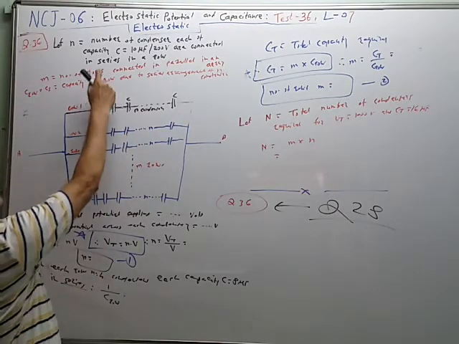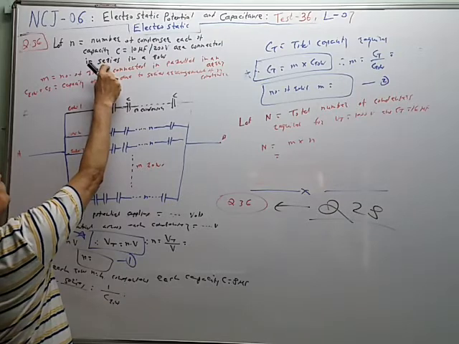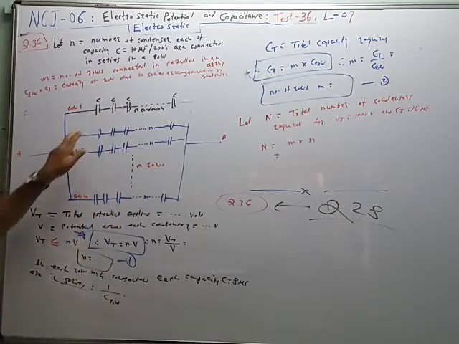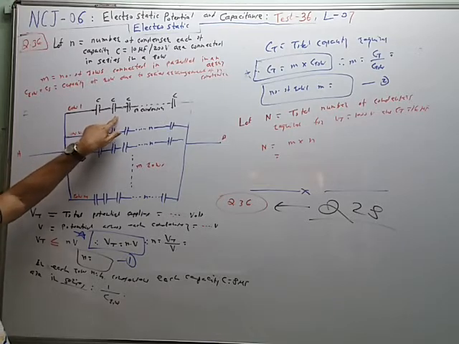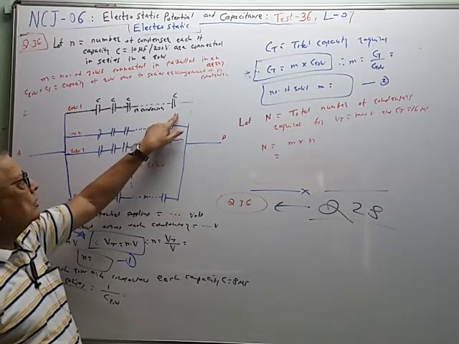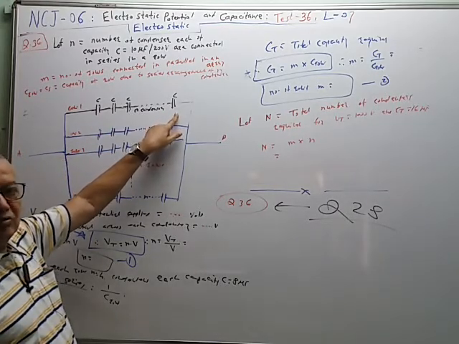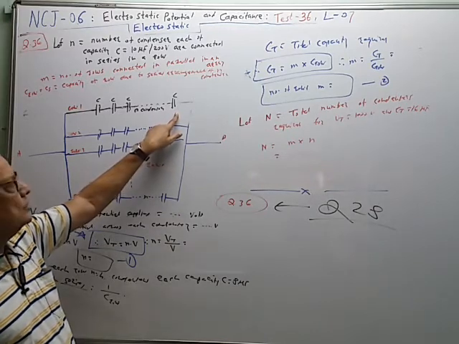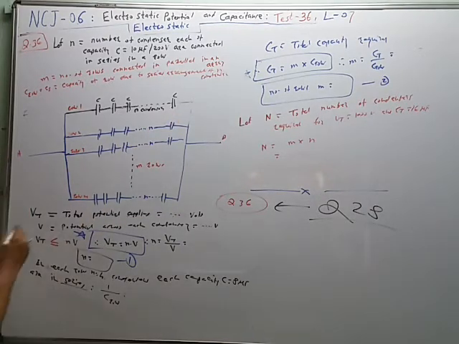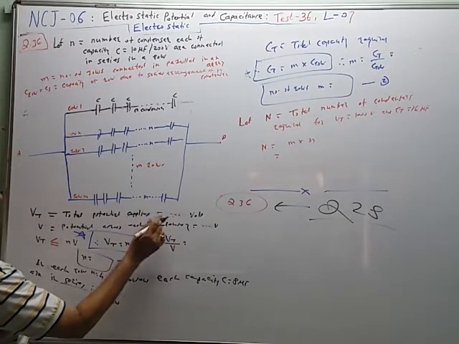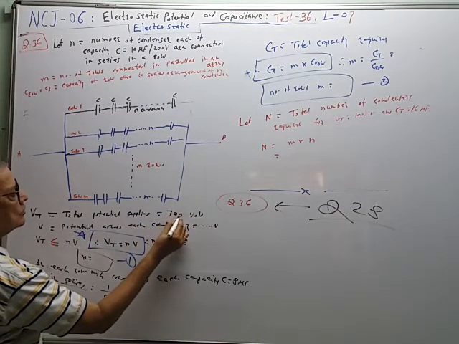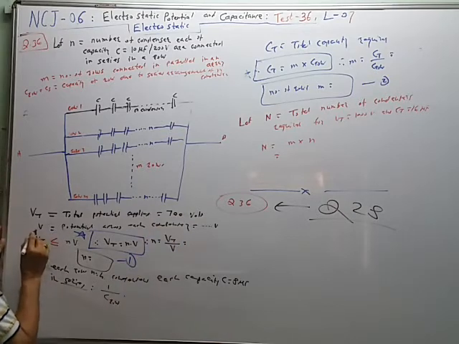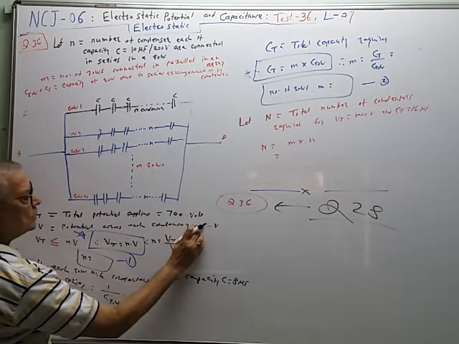They are connected in series, and therefore this first condenser has voltage 200 volt, 200 volt, 200 volt, 200 volt. Maximum we require 700 volt. So Vt is the total potential applied, and in our problem it is equal to 700 volt. And V is the potential difference across each condenser.